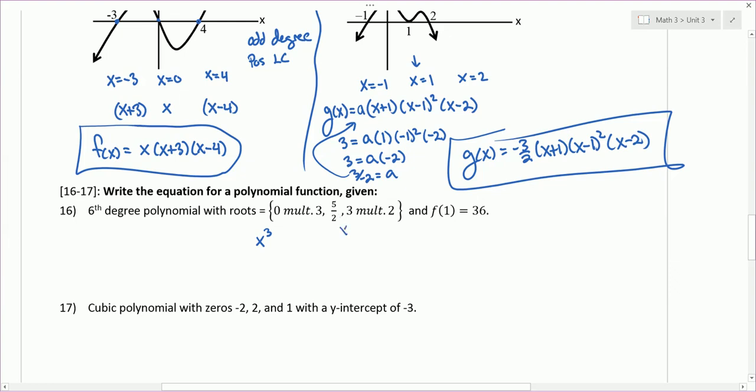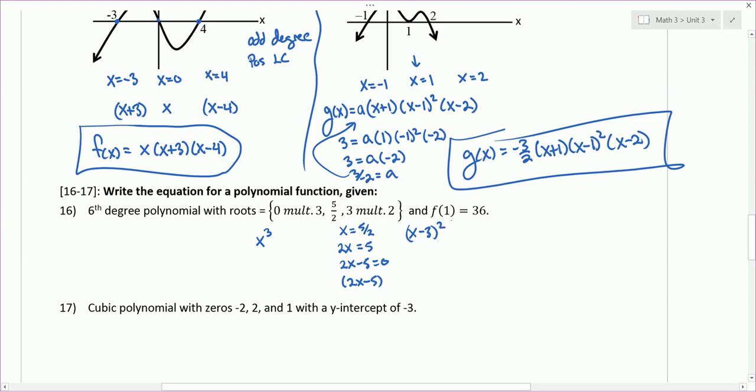Well, if our root x equals 5 over 2, multiply both sides by 2, and you get 2x equals 5. Subtract 5, you get 2x minus 5 equals 0. So our factor is going to be 2x minus 5, and for the root 3, our factor is going to be x minus 3 with a multiplicity of 2.